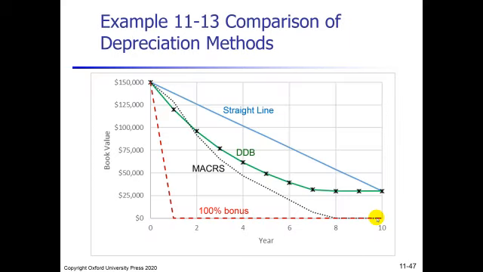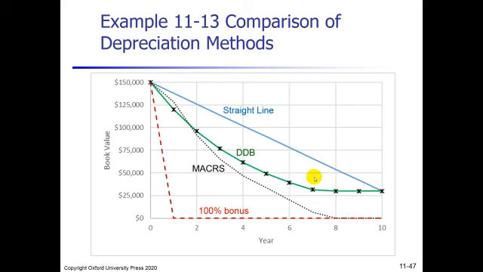This graphic here depicts the difference between straight line depreciation, double declining balance, MACRS, and the 100% bonus depreciation for a 10-year period. So in this case, 100% bonus gets that book value down to 0 immediately after year 1, which is very nice for companies to be able to expense that right away.